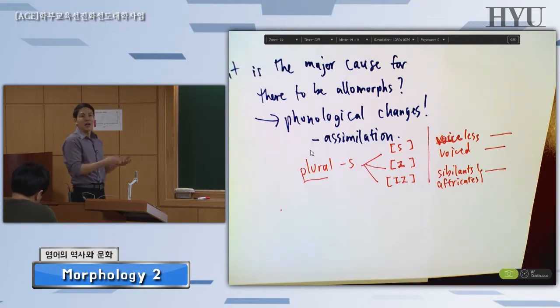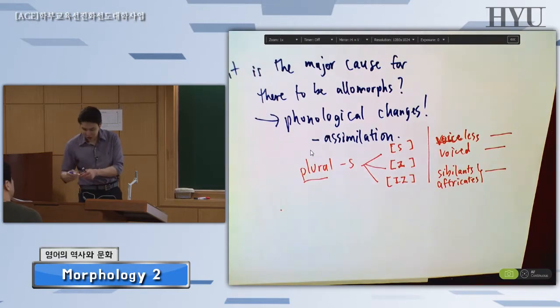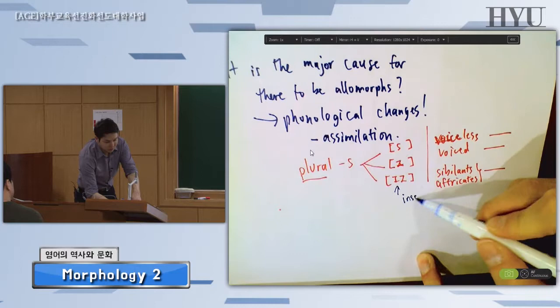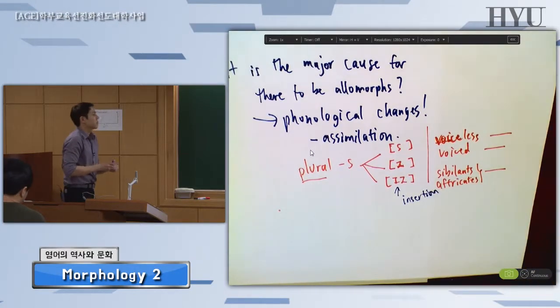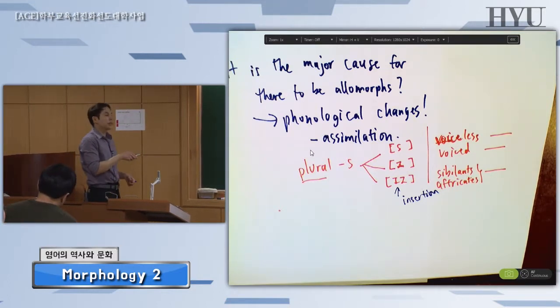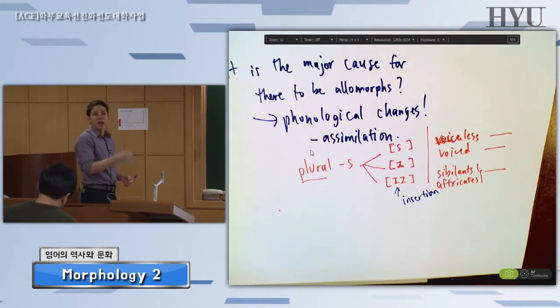So you have different allomorphs of S or Z. But for the last one, is or us, that's the process of insertion. So phonological changes such as assimilation or insertion happen, and because of these things, you have different allomorphs.